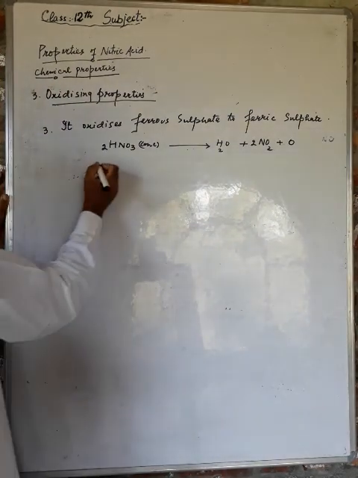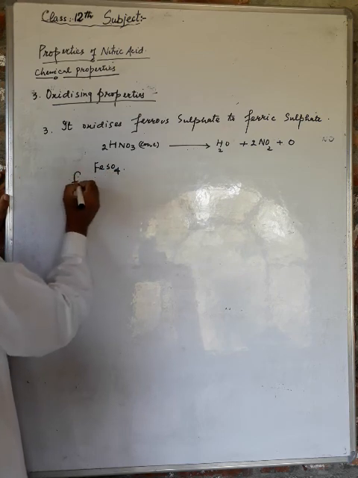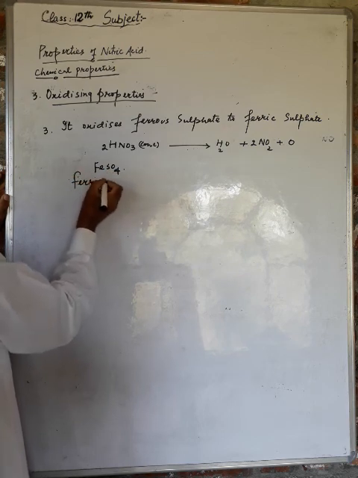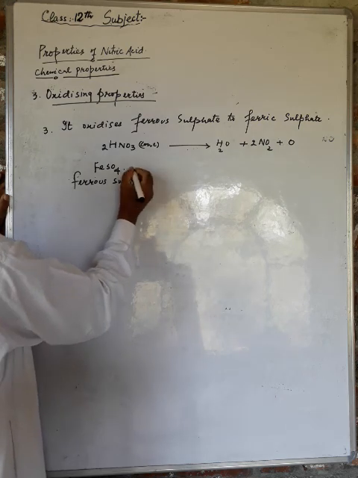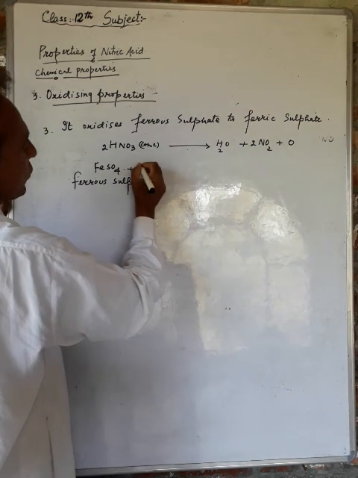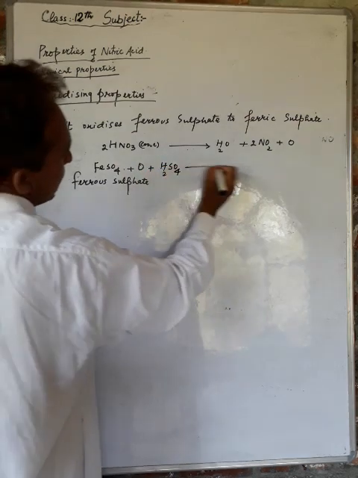Now FeSO4, this is ferrous sulfate, reacts with this nascent oxygen in presence of sulfuric acid.